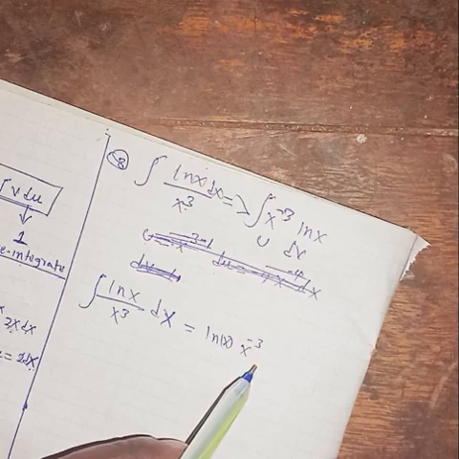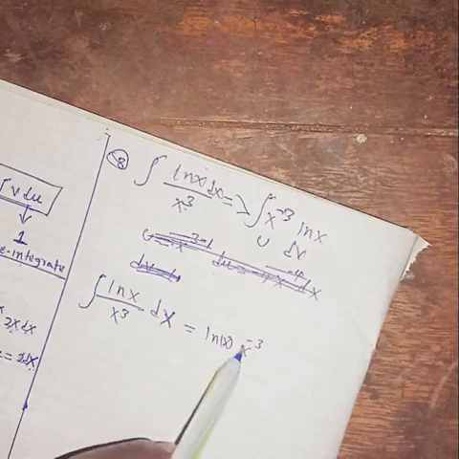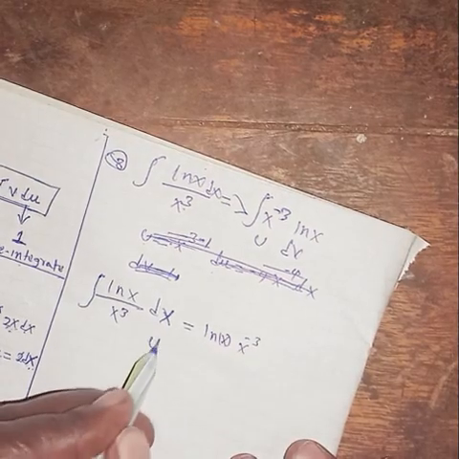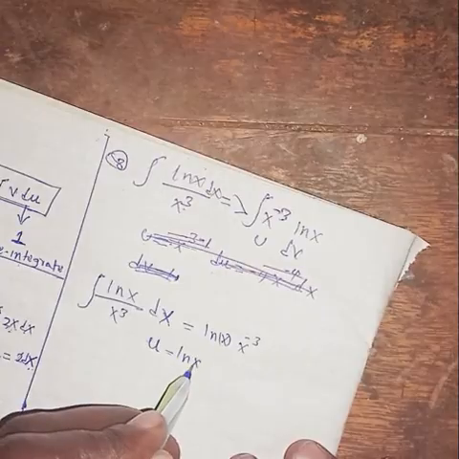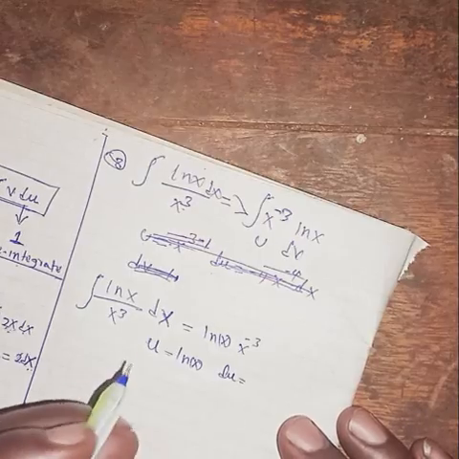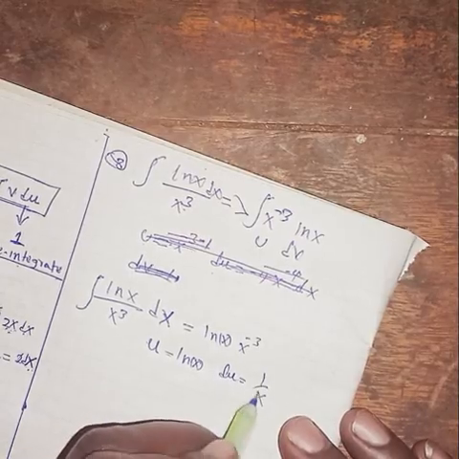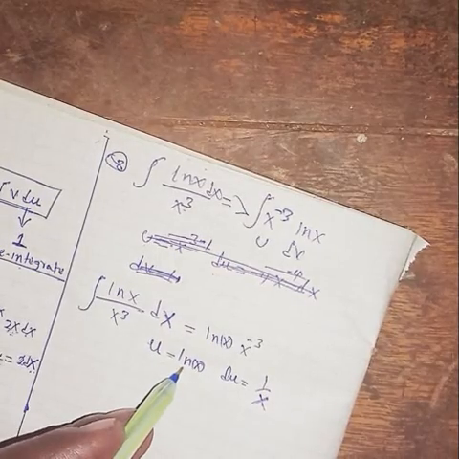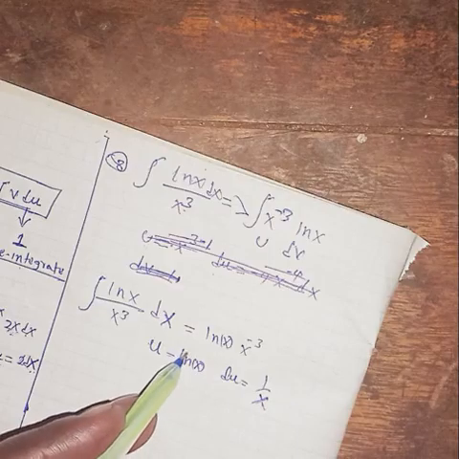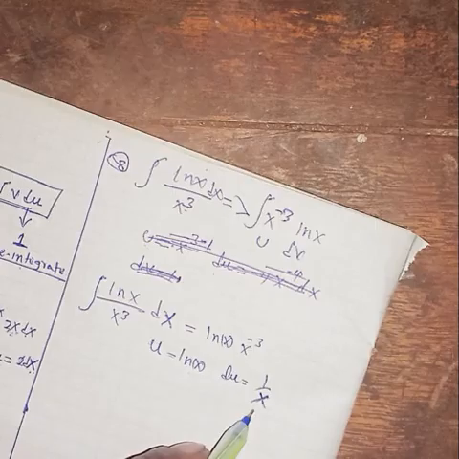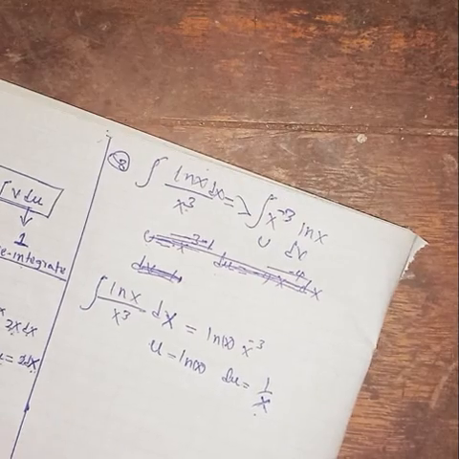When you differentiate this one, it is so much more difficult, rather than when you have u to be ln x and you say du is just 1 over x, which one is very easy? Because the derivative of ln x is 1 over x. Hope you are seeing such things.